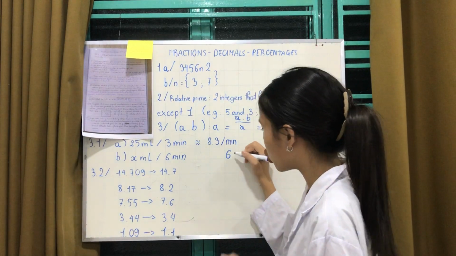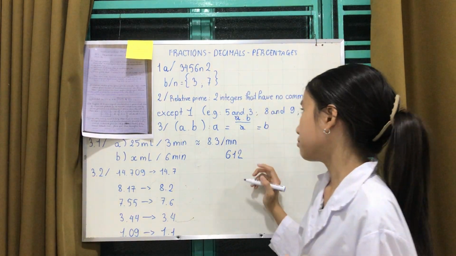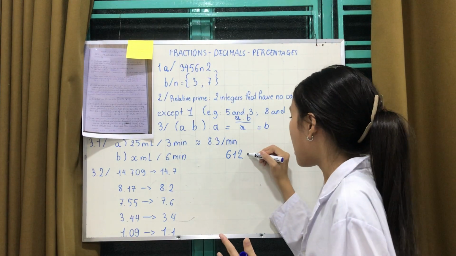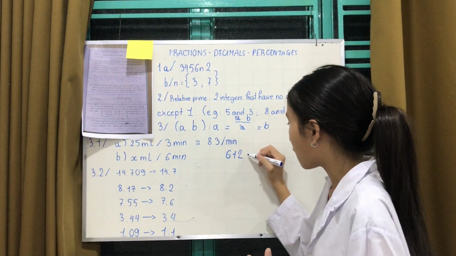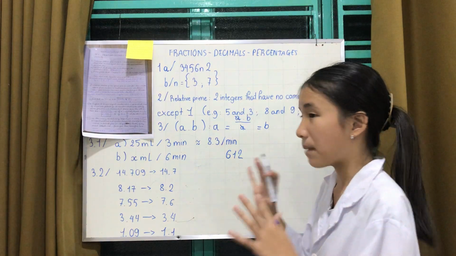How about 612? No, that cannot be divisible by 8.